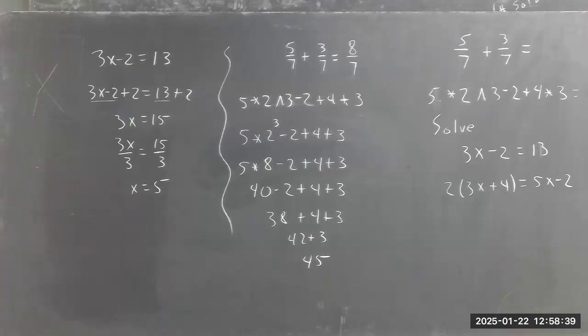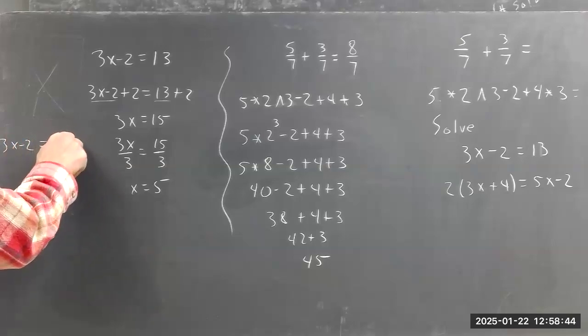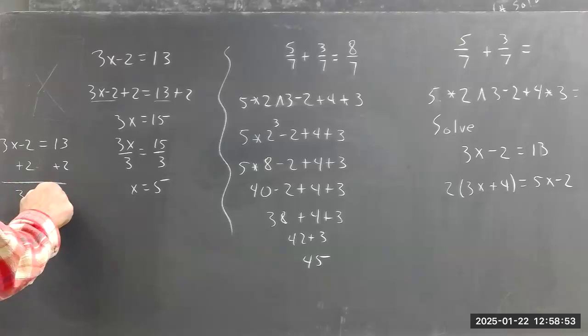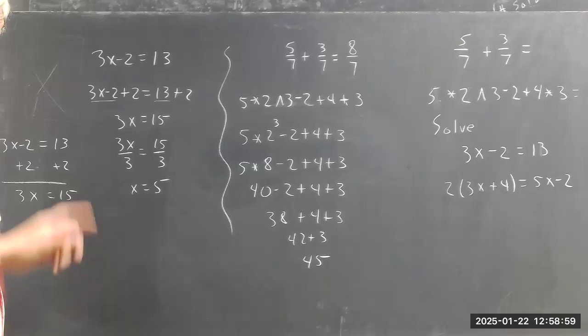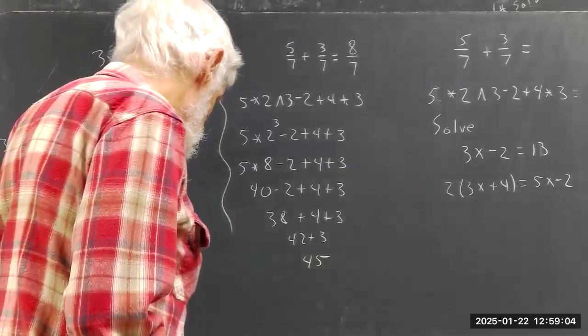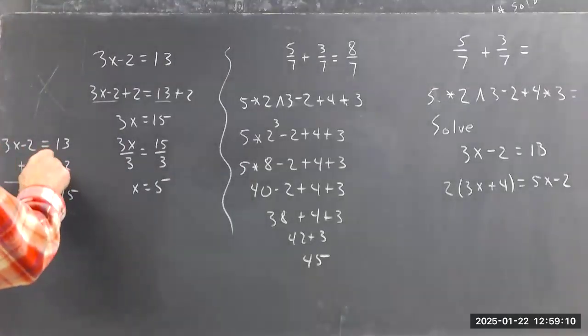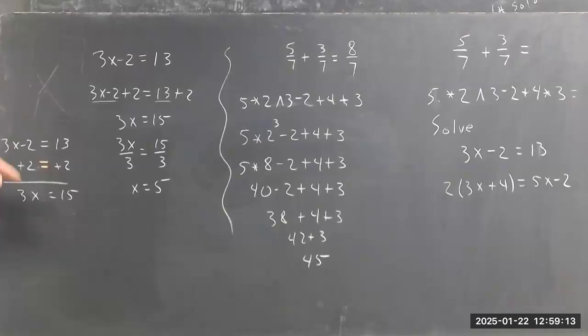Okay, so there's our solution. Now, the way people often do this is they'll write it like this: 3x minus 2 equals 13 plus 2 plus 2. Okay? And then they'll add the 2 here and they'll get 3x equals 15. Well, something is left out here. And I don't want to see this unless you insert an equal sign here, because what you're really doing is you're adding the left side of an equation to the left side of an equation, the right side to the right side.